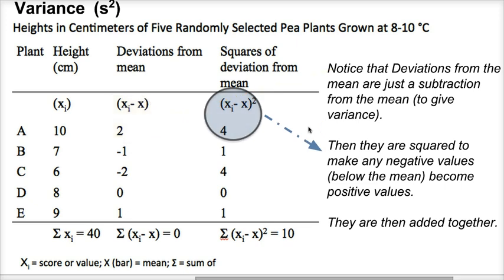So we keep subtracting our values from the mean. The mean is 8, so 10 minus 8 is 2, 7 minus 8 is negative 1, 6 minus 8 is negative 2, 8 minus 8 is 0, and 9 minus 8 is 1. This x1 is our measured value, x̄ is our mean. So all I did here is take this value and subtract it from 8, which is the mean.